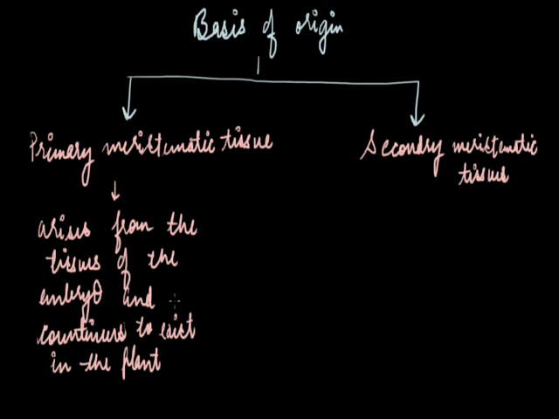Now coming on to the secondary meristematic tissues. The secondary meristematic tissues arise from the de-differentiation of permanent tissue. Permanent tissue, we will discuss later on what are permanent tissues. These permanent tissues are the tissues which have lost the capability to divide, but some tissues later on divide again and form the secondary meristematic tissues.